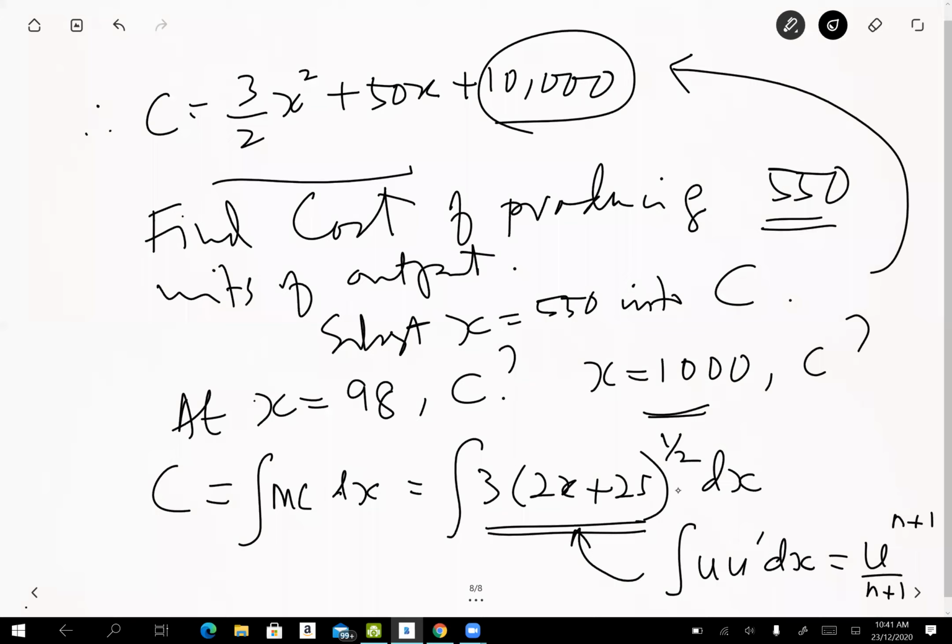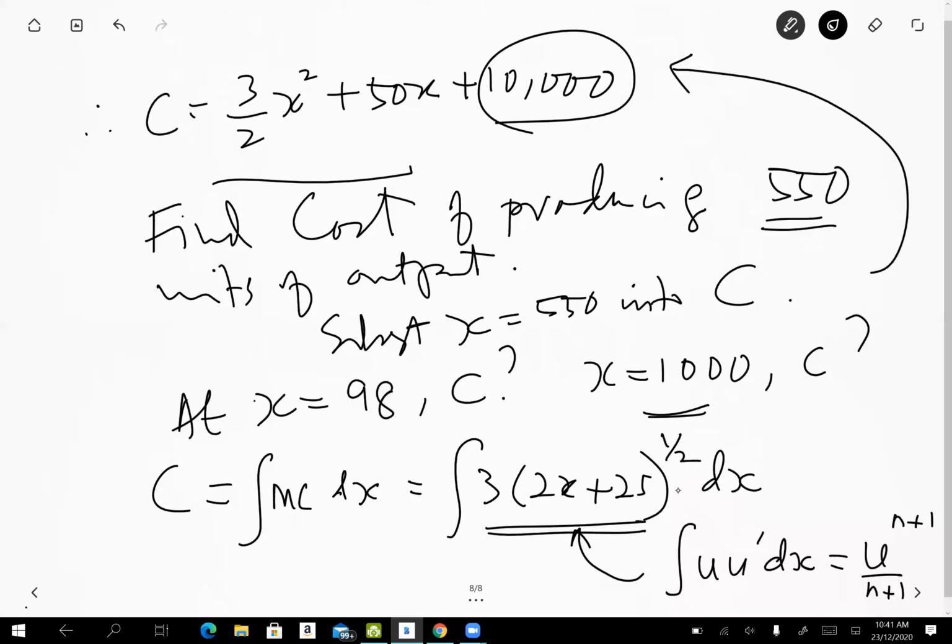All right, now what is u prime? 2. Okay, u prime is 2. You let the terms in the bracket become u. So u is equal to 2x plus 25. And then you get u prime. U prime is 2. Now you don't have 2, you have 3. So what do you multiply by?